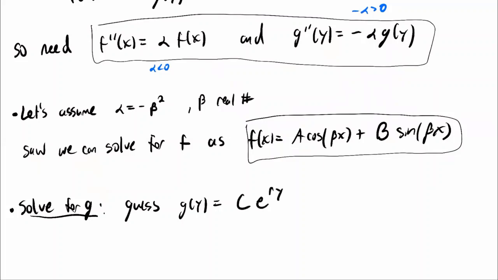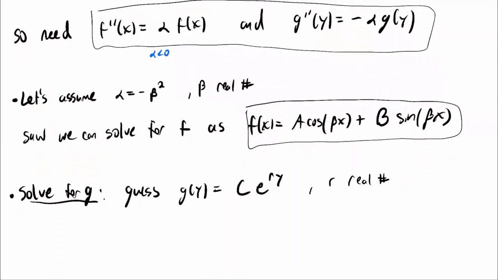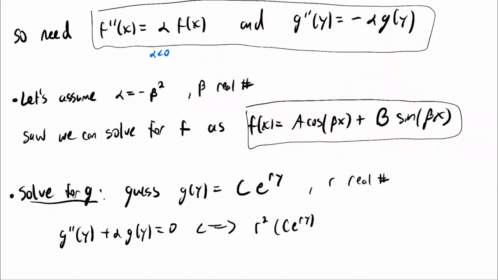So we're going to guess some kind of exponential solution with r a real number. Okay, well, let's plug this guess into our equation. Our equation says g prime prime of y plus alpha times g of y is equal to 0. If I plug in this definition for g, I end up with r squared times c e to the ry, this is g prime prime, plus alpha times c e to the ry, that's alpha times g, is equal to 0.